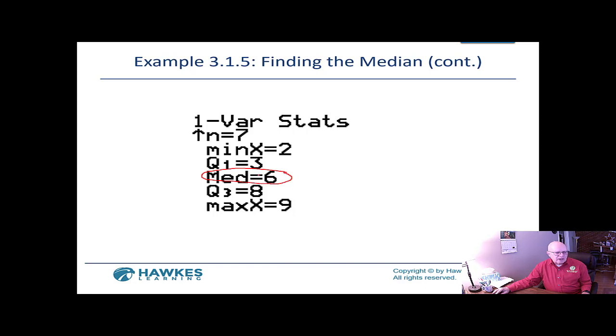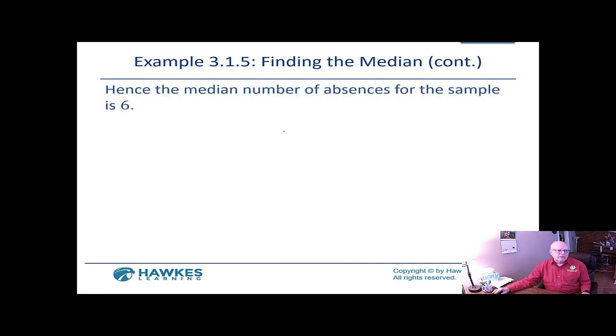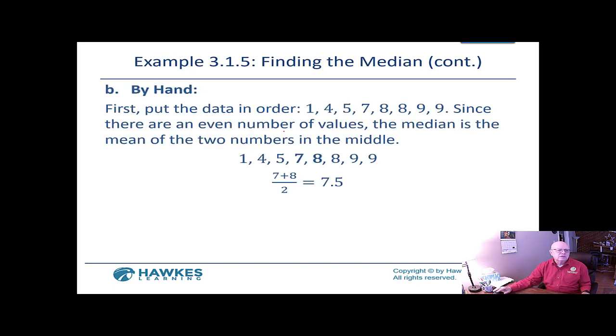If we're just looking for the median, we can ignore all the rest. The median was a 6 for that one. If you do it by hand, I wouldn't recommend it, but make sure you got them in order and pick the one in the middle. Notice they're an even number, so you take those two, take the average, there's your median.